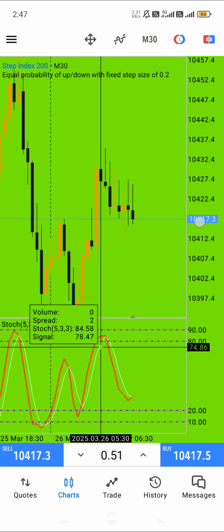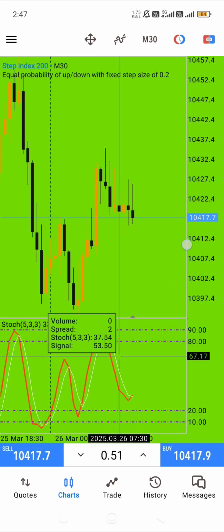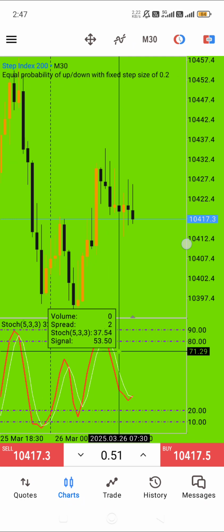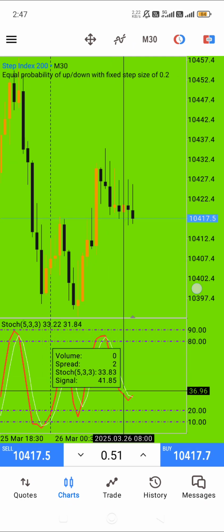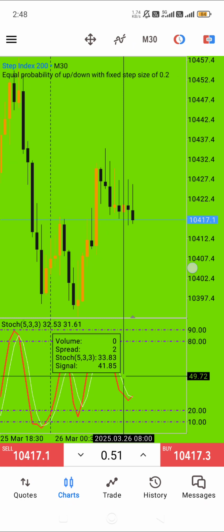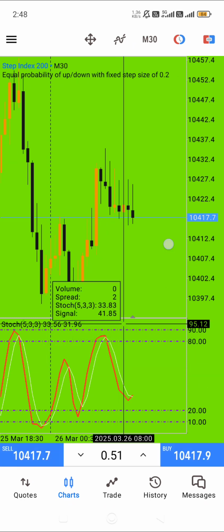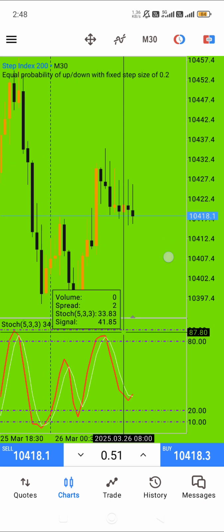Both lines actually cross the line and touch 80, this level 80 crosses both lines and goes to downtrend. Both lines go to downtrend, and the 10 and 20, both lines cross below and go to downside.